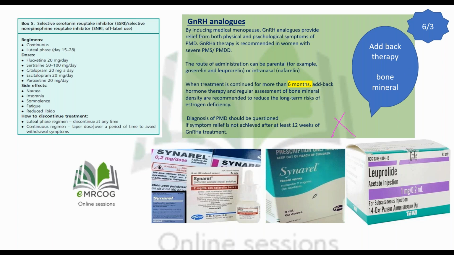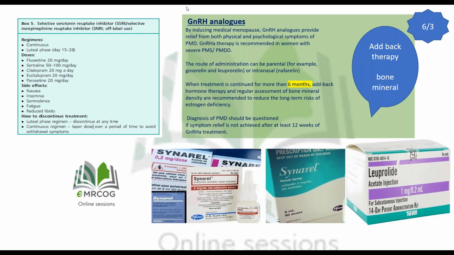So it failed the trial. Consider that the cause of her symptoms is something else. But if the woman finds it's good and it's helping her and she's fine, she says, can I continue on this nasal spray or the injection forever? What will you say?